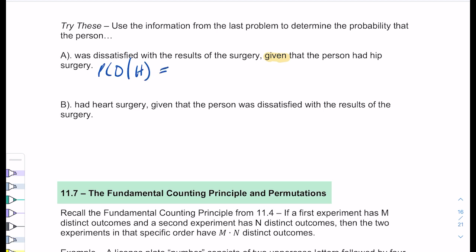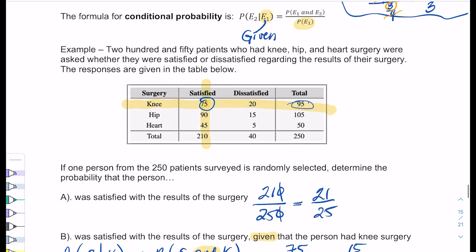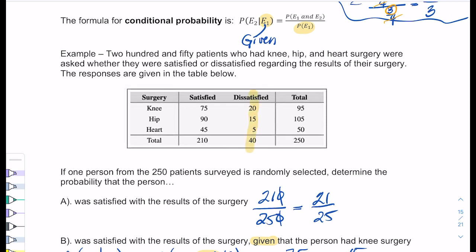So before I even solve it, let's write the formula. It's first going to be dissatisfied and hip surgery over the given, which is hip surgery. So now let's look and see. Dissatisfied and hip surgery. Dissatisfied now means I'm looking at this column, and hip surgery.